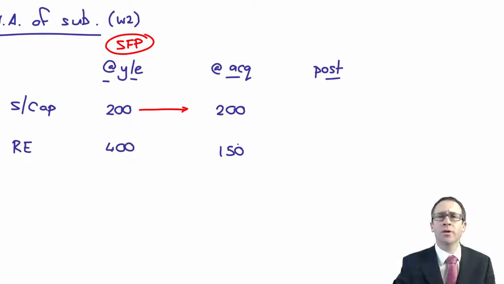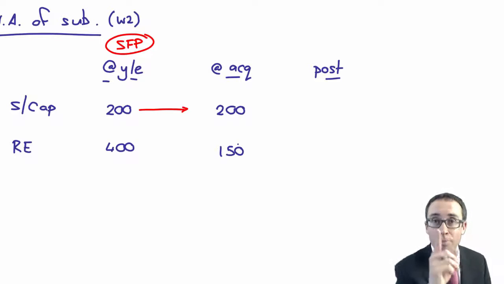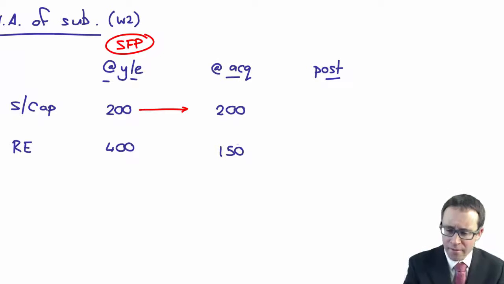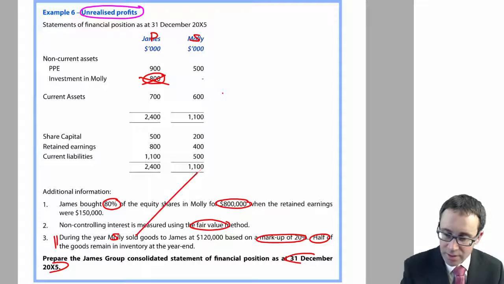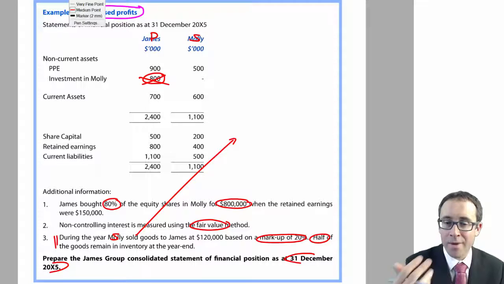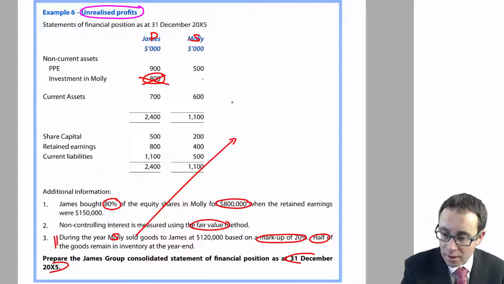Previously, what we've done is we've then just totaled up year end, totaled up acquisition, moved on to goodwill, non-controlling interest, group retained earnings. But we need to be very, very careful now, because here during the year, Molly sold goods to James. So there is a sale of goods, isn't there? Some of those goods still remain at the end of the year. So we have a PUP adjustment.